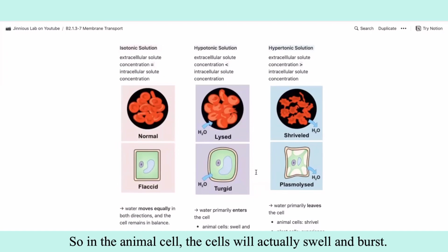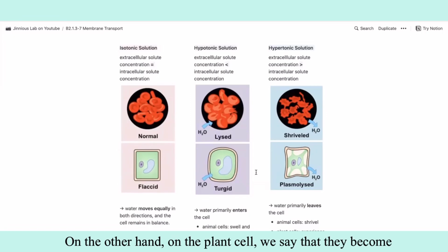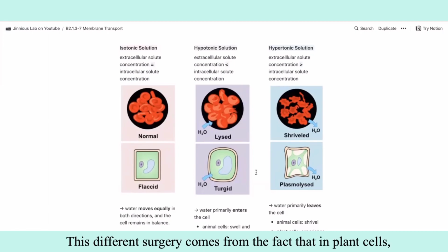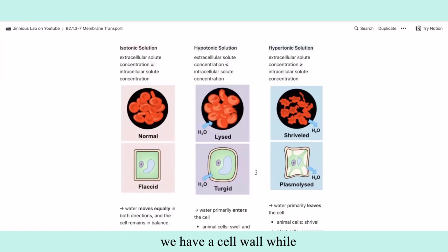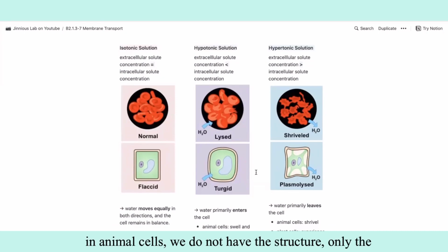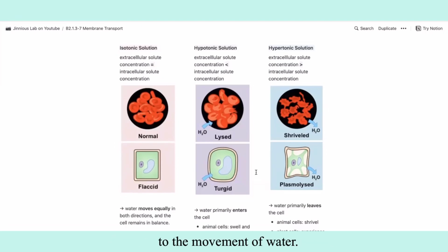In the animal cell, the cells will actually swell and burst. On the other hand, plant cells become turgid. This difference largely comes from the fact that plant cells have a cell wall, while animal cells do not have the structure, only the membrane, which makes them more responsive to the movement of water.